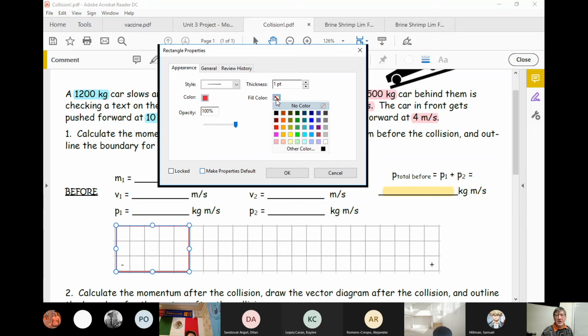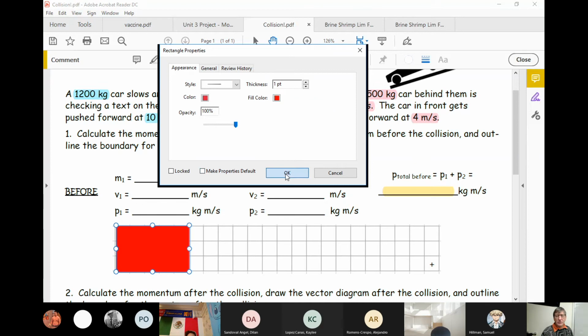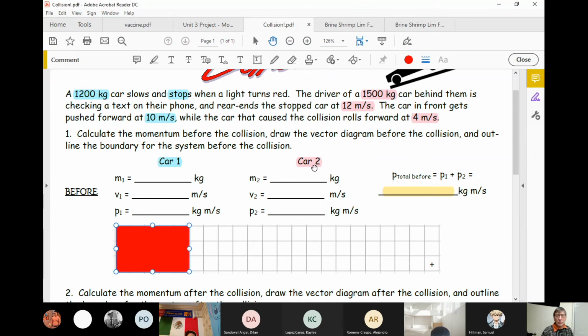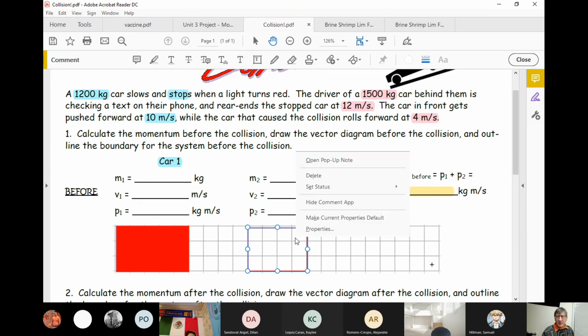I'm going to fill it in and make it red because that was the color I used to represent car 2, right? It's the one in back. Meanwhile, this one was 1,200 kilograms. So if I want to draw this to scale, I need to choose 12 boxes, which is 3 by 4. Works out kind of nicely.